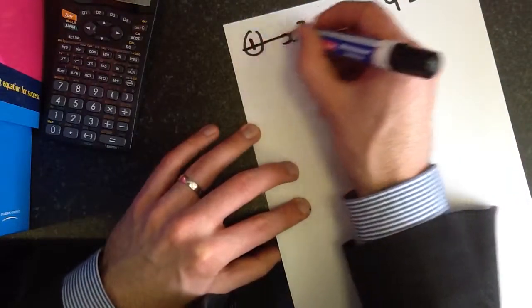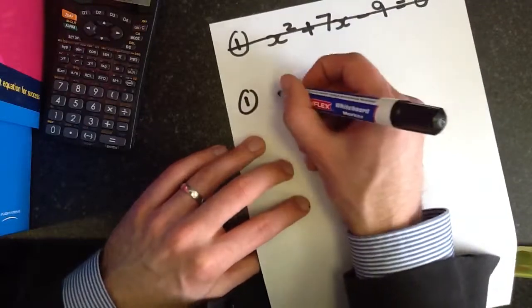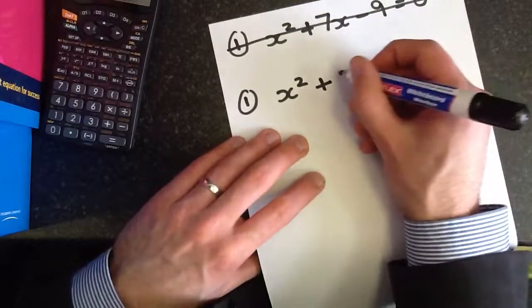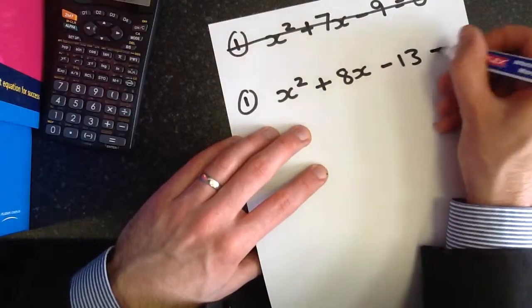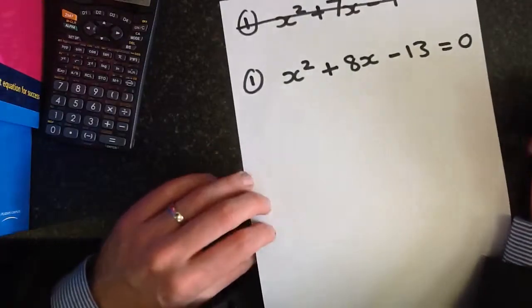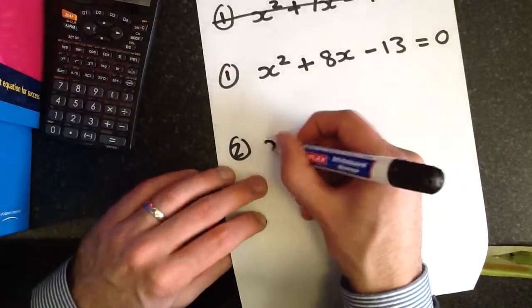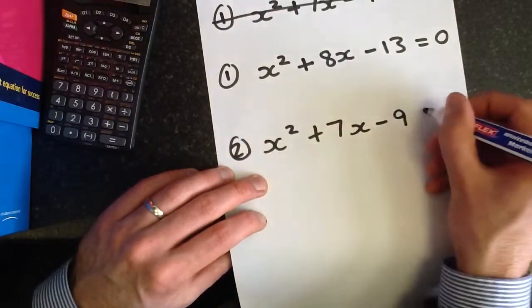In fact, I'll change it completely. I want you to first of all solve x squared add 8x minus 13 equals 0. And then secondly, do the question which I wrote at the top before. x squared add 7x minus 9 equals 0.